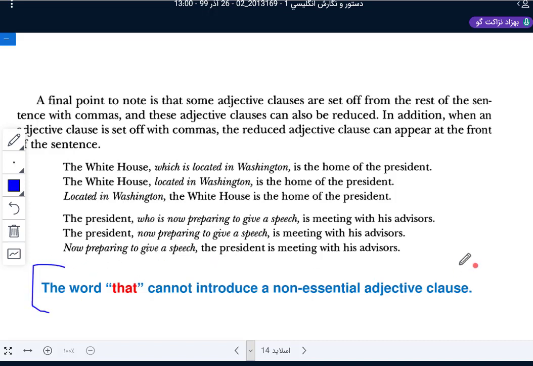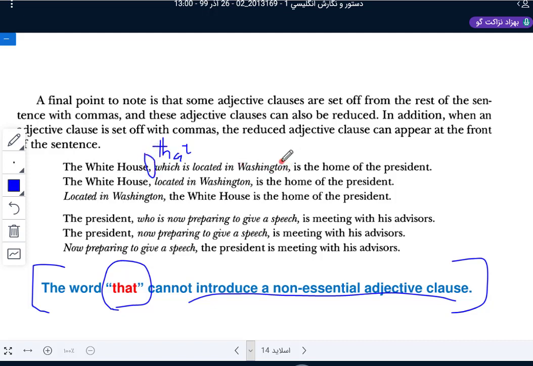Very important note. The word that as an adjectival clause connector cannot introduce a non-essential adjectival clause. It means that instead of which, if I use that here, and there are two commas, the sentence is wrong because that never introduces a non-essential adjectival clause.